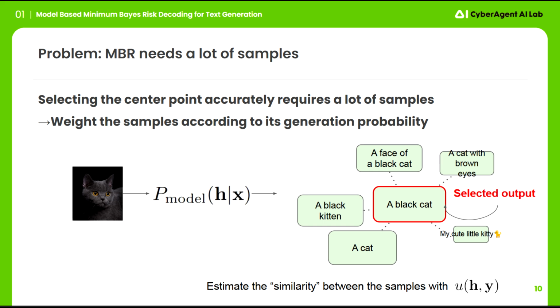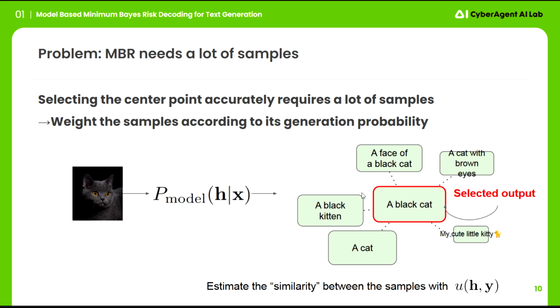What we propose in our paper is to solve this problem. That is, we give a weight to these samples according to their generation probability P. For example, for "a cat", there's a high probability of generating this sentence, so we give it more weight. And for a sequence which has low generation probability, we weight it less.